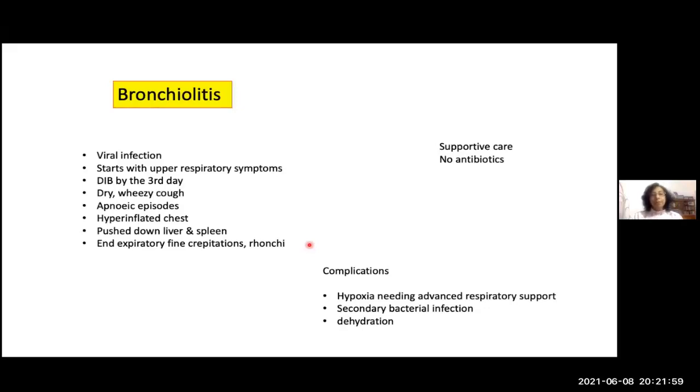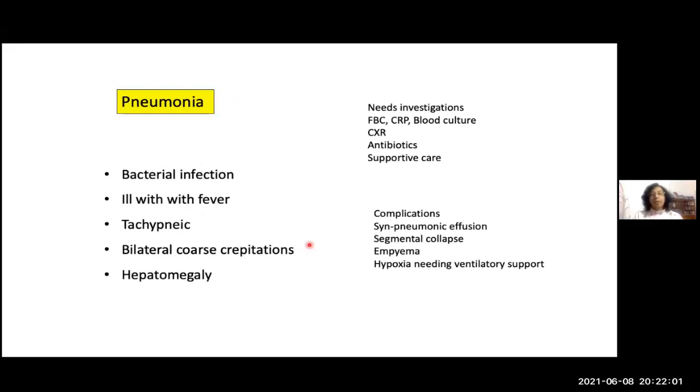Whereas in pneumonias, either viral or bacterial, infants may become very ill, right? And also, rather than pushed-down livers, they have hepatomegaly, right? And they need further investigations to identify the condition.